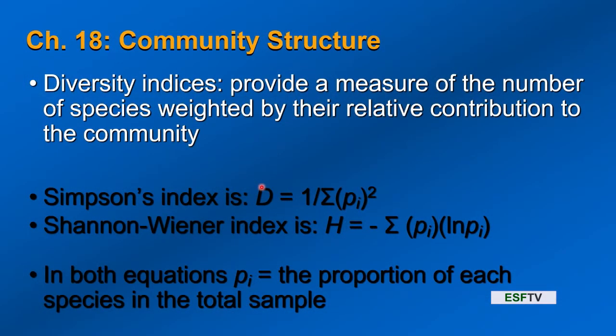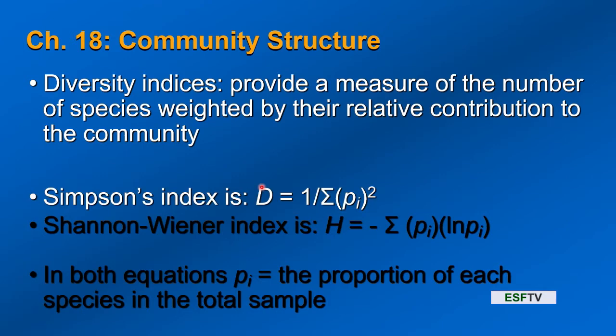There are many, and computer programs provide a lot of opportunities for you to take your raw data, the observed frequencies and richness, or I should say abundances and richness, and put them into a computer program, and based on your sampling, understand what the true diversity might be. So you have your observed and your expected. Another way to do this is with these indices, the Simpson's and the Shannon-Wiener.